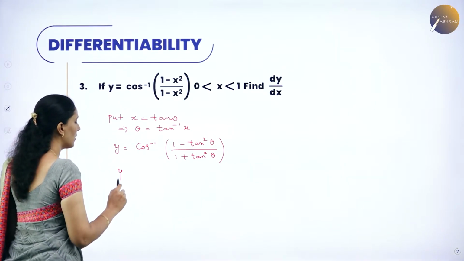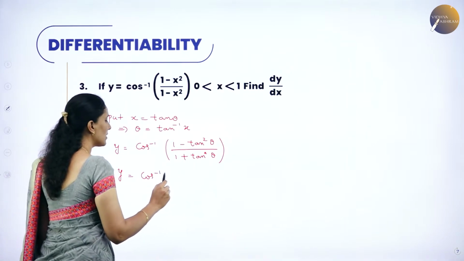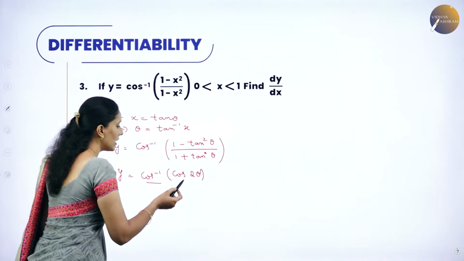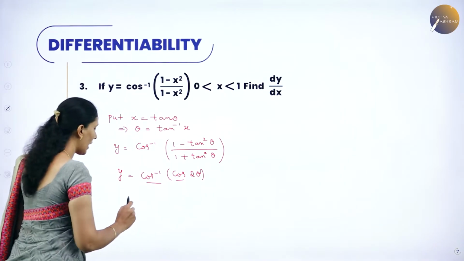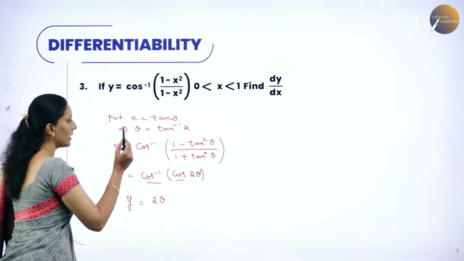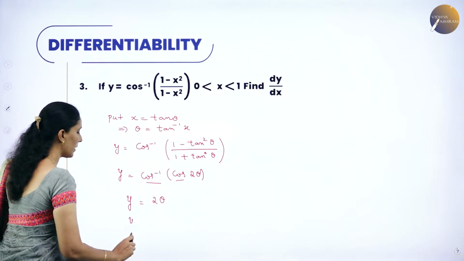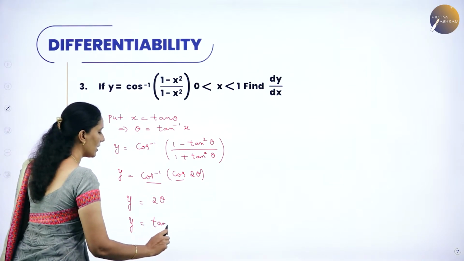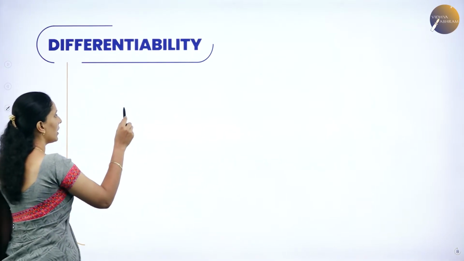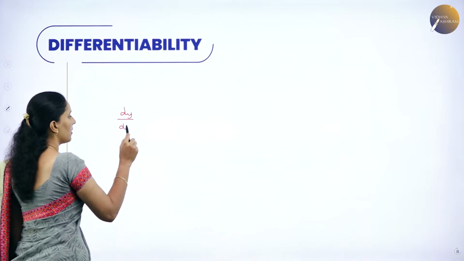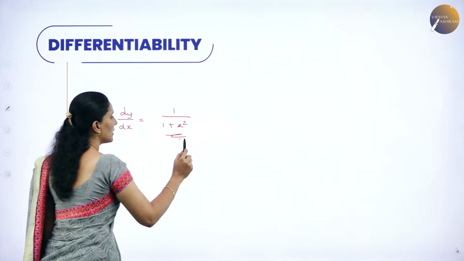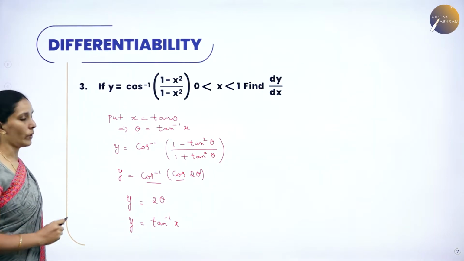So y is equal to cos inverse of cos 2 theta. Whenever the inverse and its function exists, we can directly write y is equal to 2 theta. So what is theta? Tan inverse x. So y is equal to 2 tan inverse x. Now we know the derivative of tan inverse x, so dy by dx is equal to 2 over 1 plus x square. So this is the derivative of the given equation.